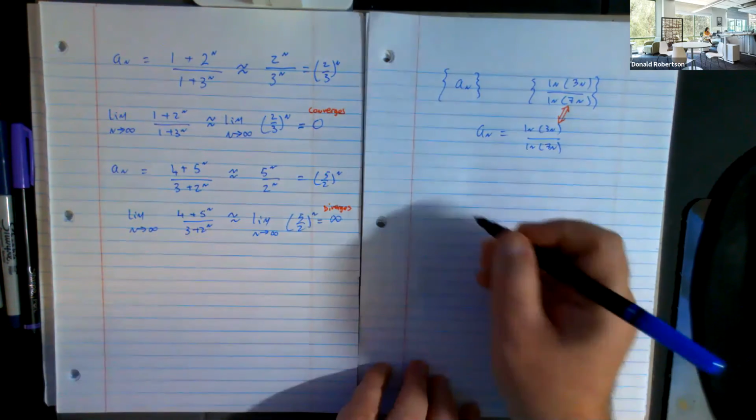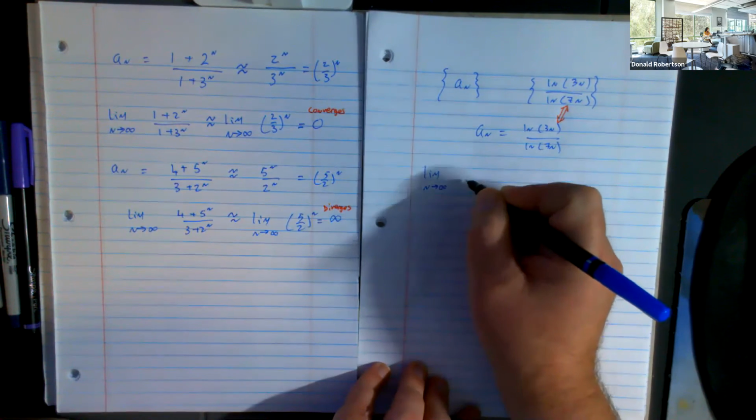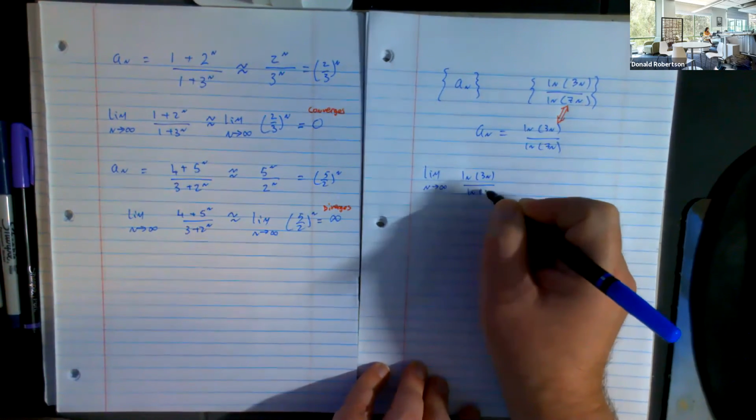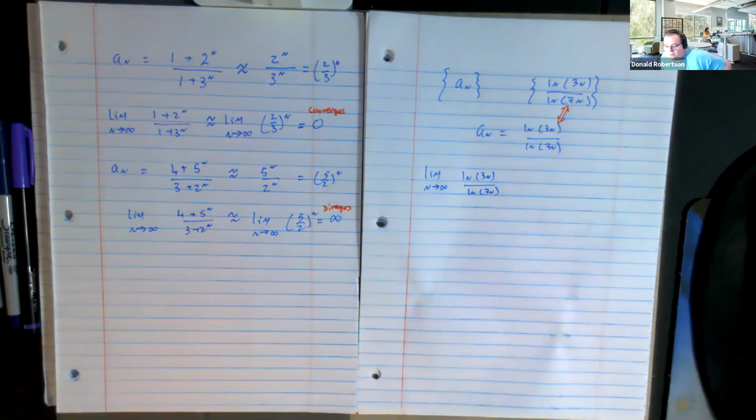Now, I am interested in finding what the limit of that is. Suggestions of how I might approach the question? Because there are two ways to do this. Both work.